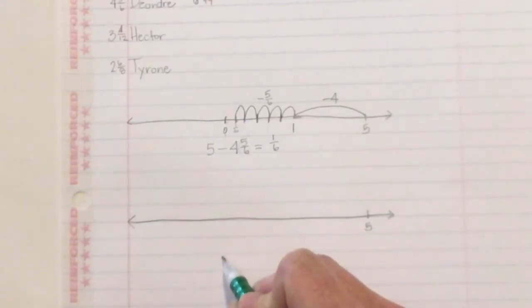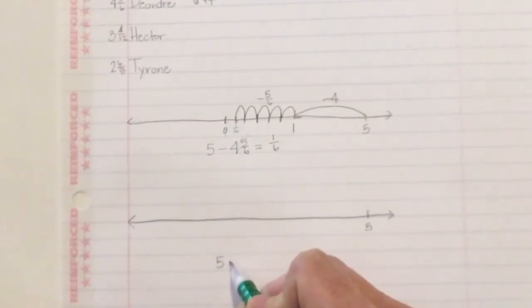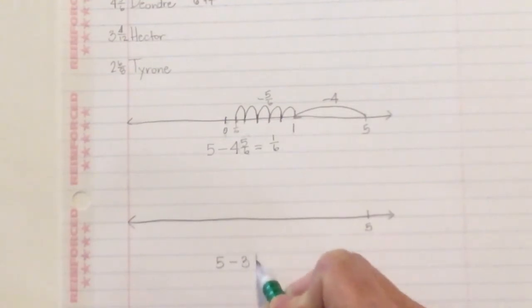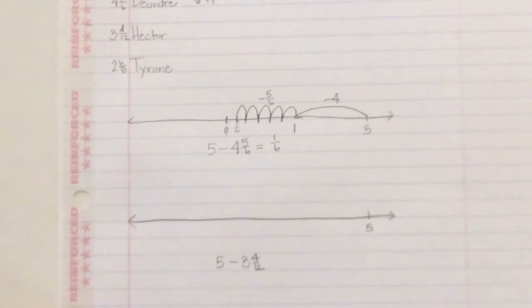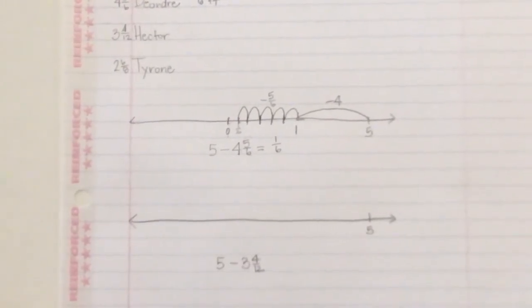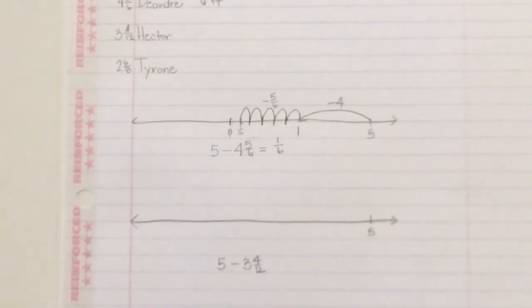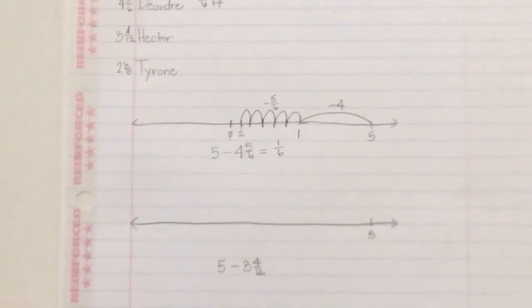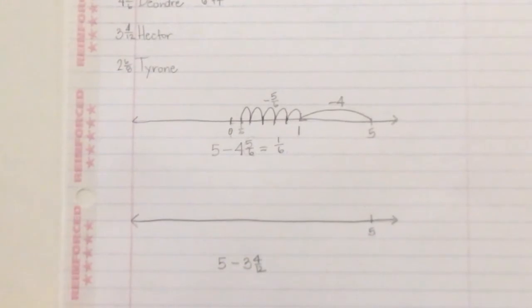So our subtraction sentence is 5 minus 3 and 4/12. Try to solve this problem on your own. Submit your answer. Once you have submitted your answer, then we'll go over the problem. Submit on the video screen. It'll pop up for you.